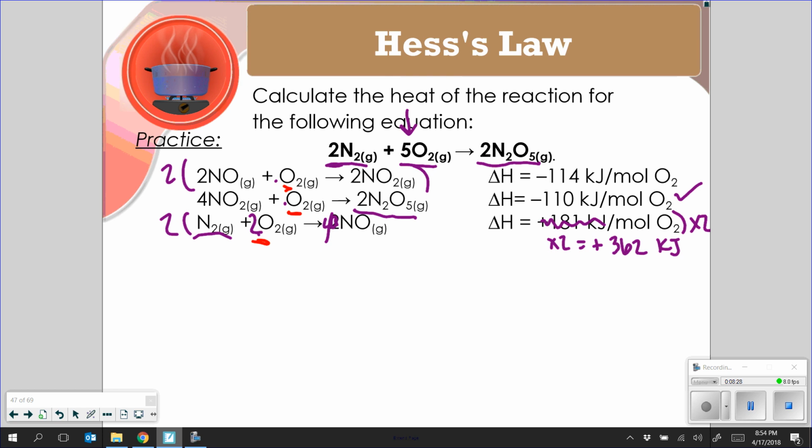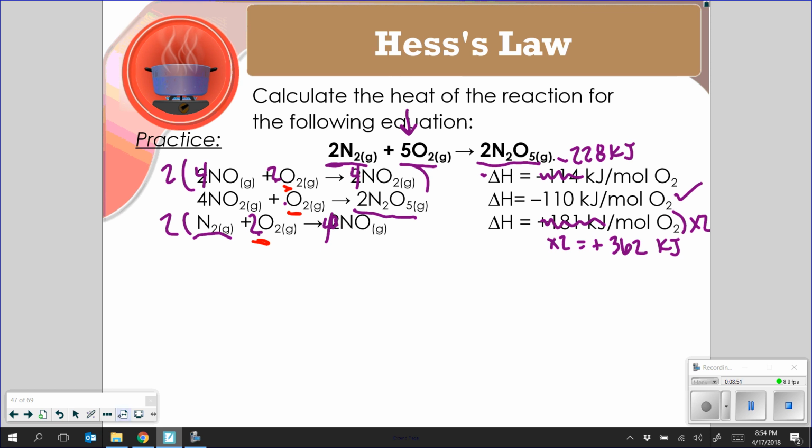And so when I times this one by 2, I'm going to end up with 2 oxygens here. This will be a 4, and this will be a 4. And that means I also have to times this value up here, my enthalpy, by 2 as well. So when I double this, it's going to be a negative 228 kilojoules. So now I've manipulated all my equations.